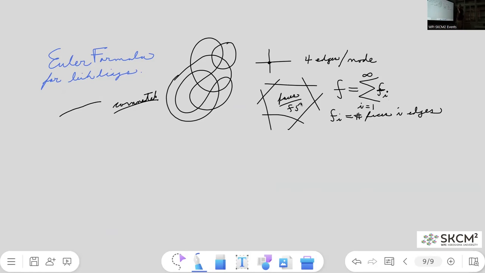Okay. So how many faces are there with i edges? If I went up to this diagram, I could do a count. Like here, this is 3-sided. This is 4-sided, 5-sided, 5-sided, 4-sided, 3-sided.